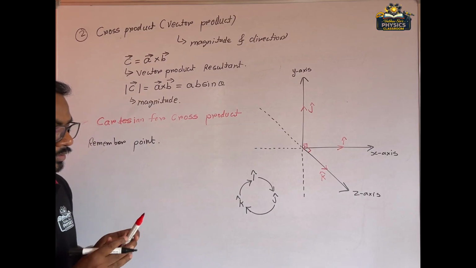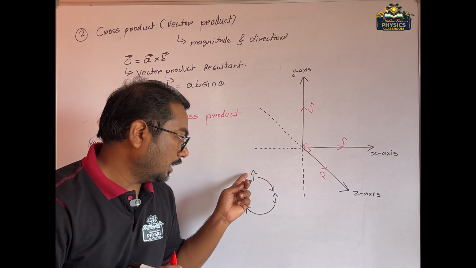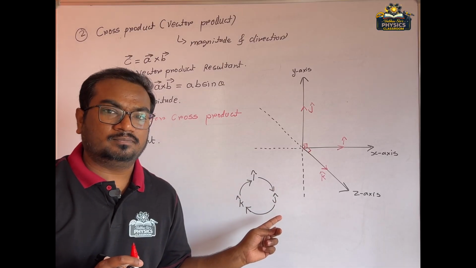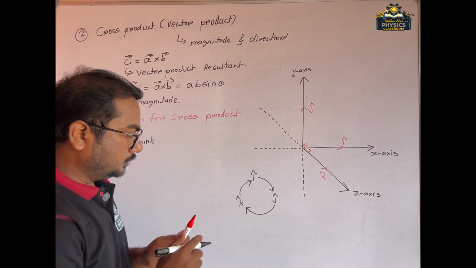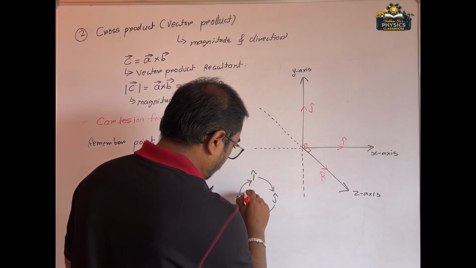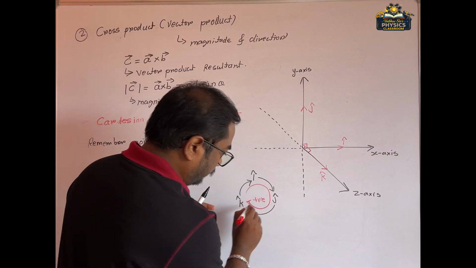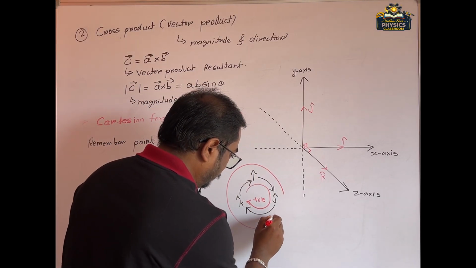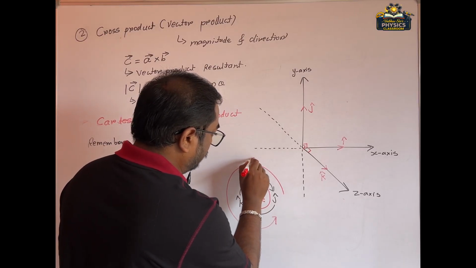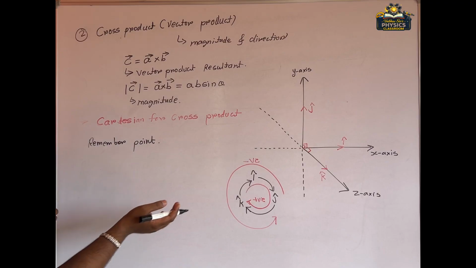Okay, I am taking a cross product of I cap and j cap, so we will get positive k cap. If you are moving in a clockwise direction, we will get positive values. If I am moving in an anti-clockwise direction, we will get negative values.